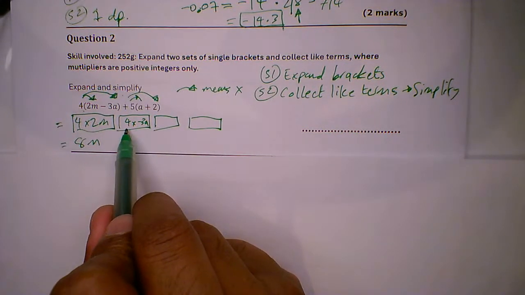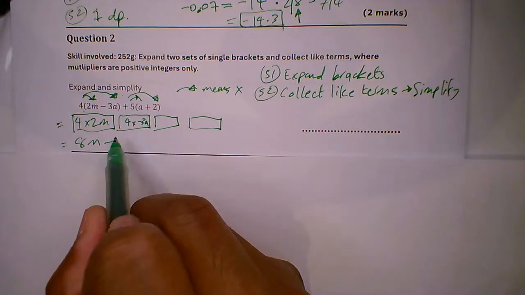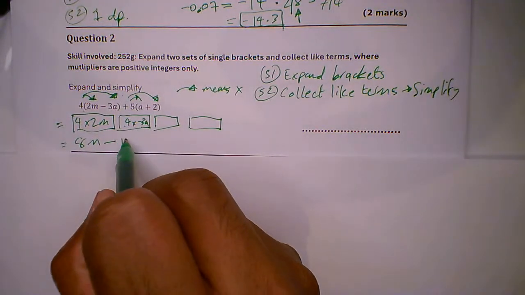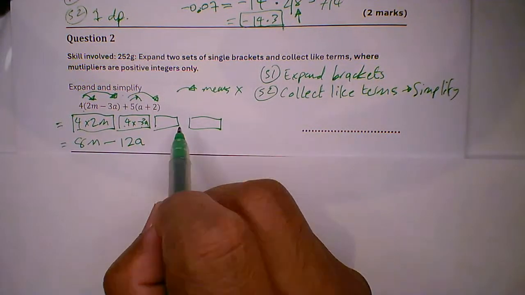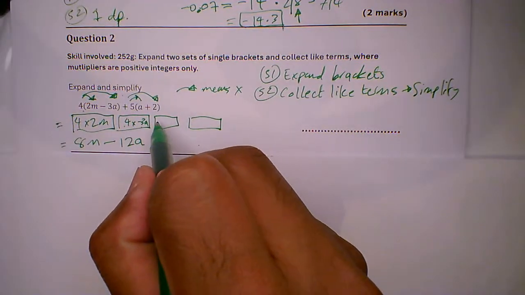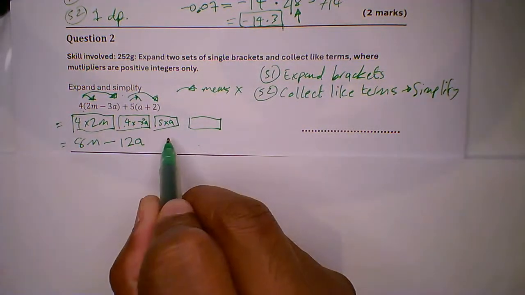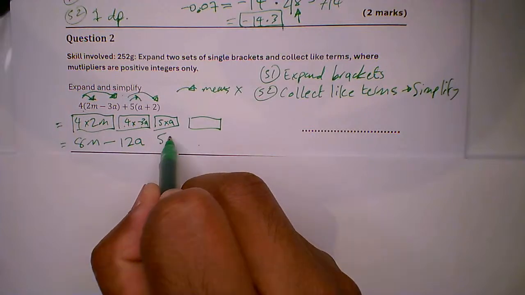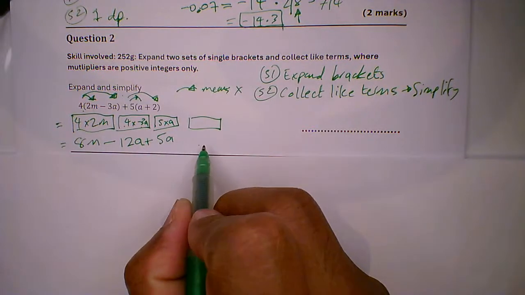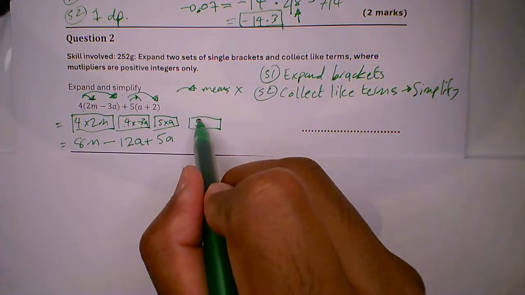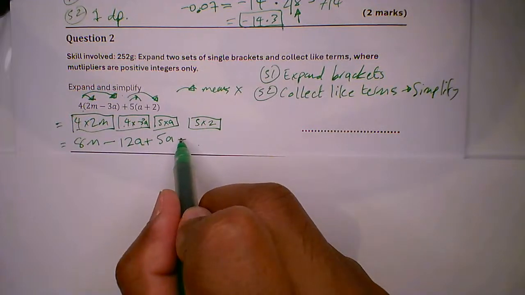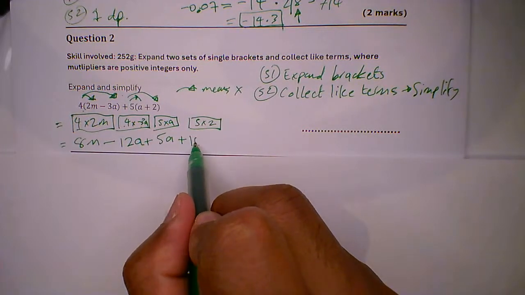So we've got a positive and a negative, which gives us a negative. 4 times 3 is 12, and we've got a there. Then we've got 5 times a. So 5 times a is 5a, and they're both positive, so this stays positive. Then we've got 5 times 2, which is 10. So they're both positive, plus 10.